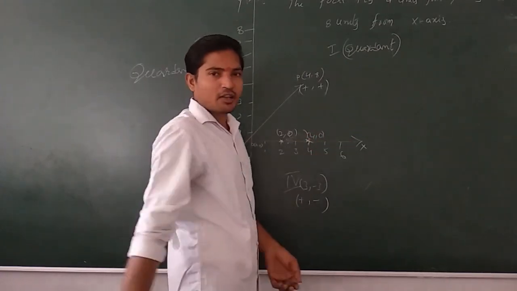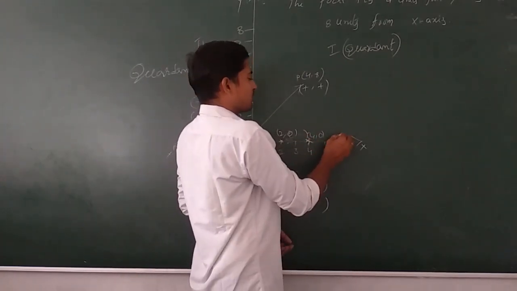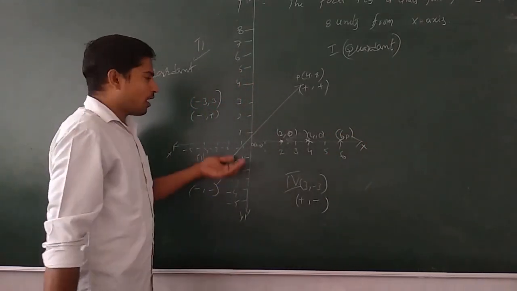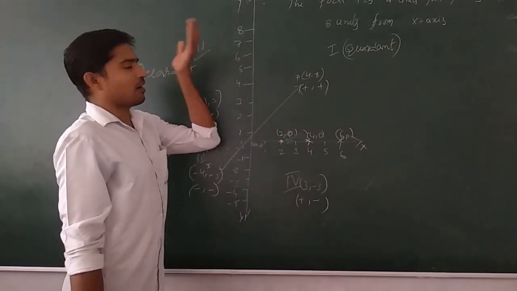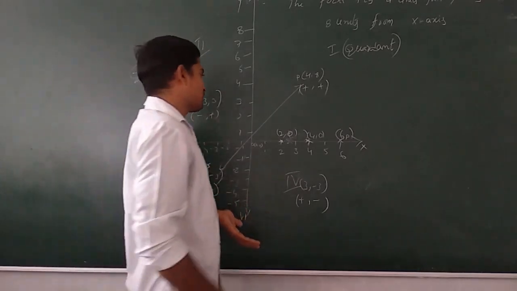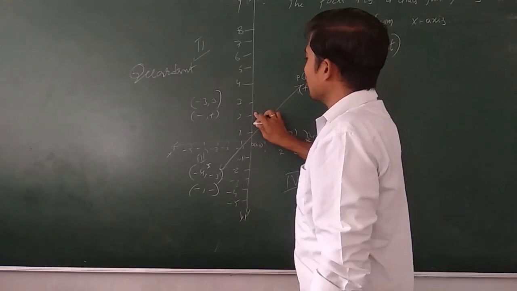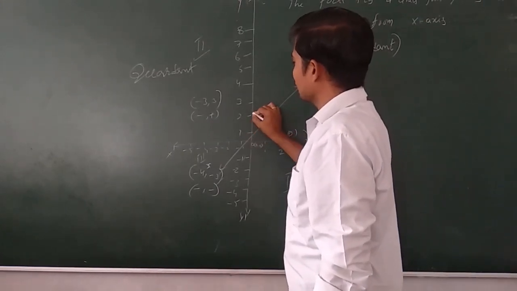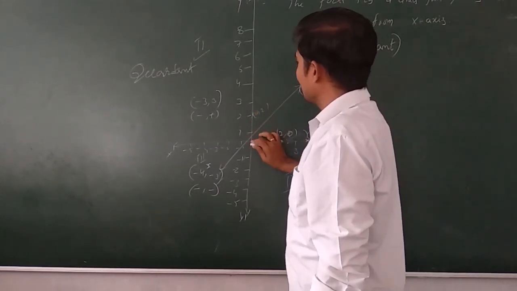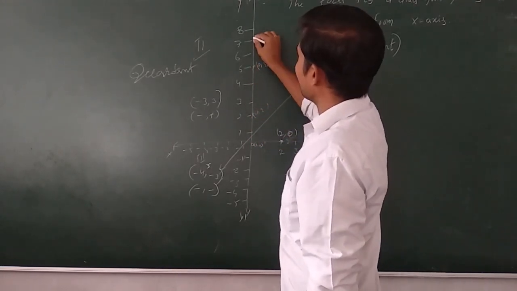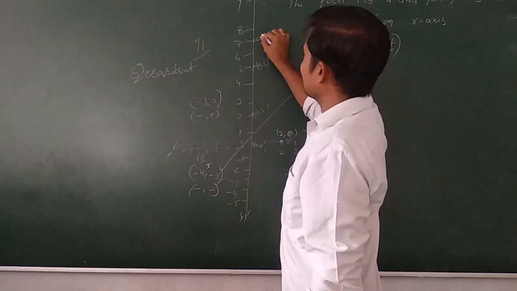And 6, 0, I have to represent here. Right? And the points on the y-axis, suppose 0, 0, 0, 2, 0, 5 and 0, 7.